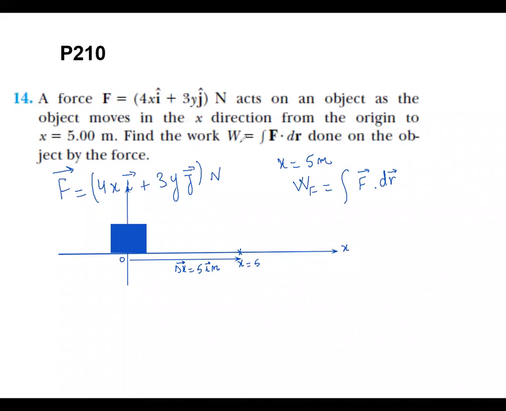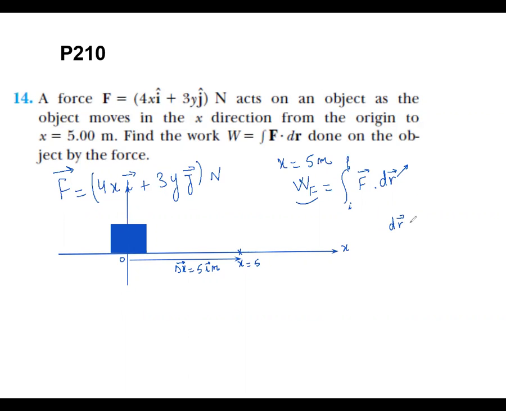We have to find the work done on the object by this force. In general, you have to write this relation, moving from the initial position to the final position, as a function of the distance. Here we have a displacement in terms of x.